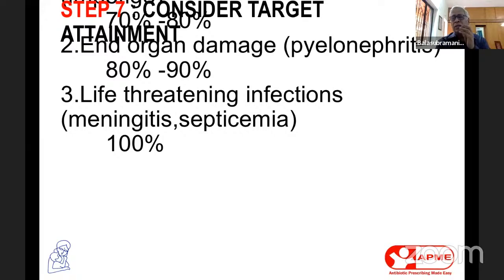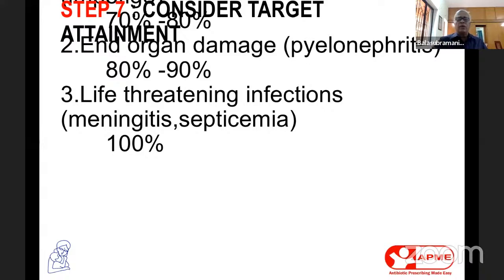You know, pyodermas are mostly self-limiting. They will get cured even without any intervention if the immune response is quite good. So your target attainment rates can be as low as 40 to 60%. It's not necessary that you should treat pyoderma aggressively. So that is low target attainment.